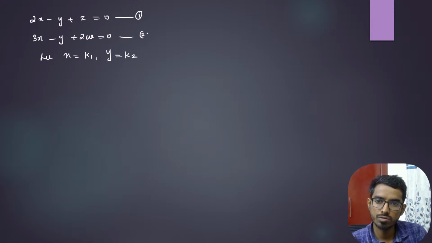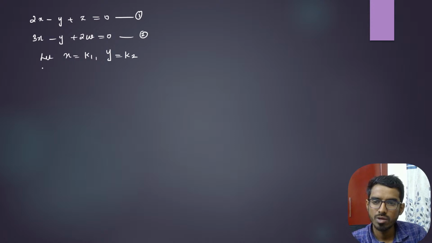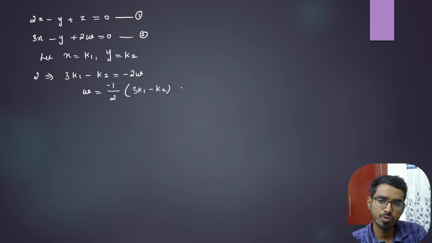These look similar to previous problems, right? So from 2 we have 3x minus y equal to minus 2w. So w is minus 1 by 2 times 3k1 minus k2. From 1 we have 2x is equal to y minus z. So z is k2 minus 2k1.